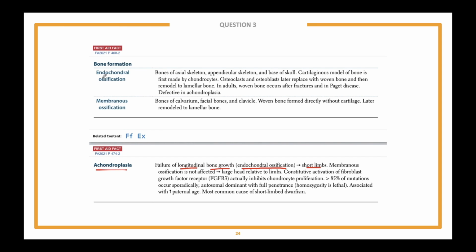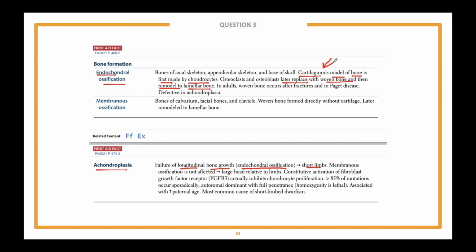Now let's go back to the bone formation table, okay? It's where a cartilage model of bone is first made by chondrocytes, and it then gets replaced with actual bone. So you start off with a cartilage model, okay? You can also see there that it's defective in achondroplasia.